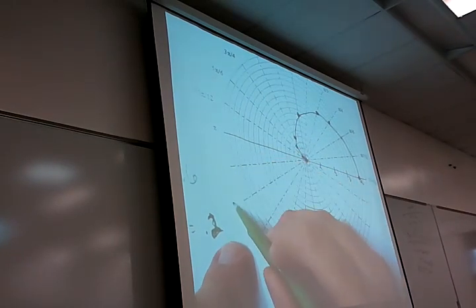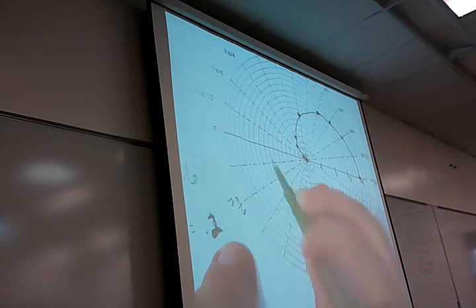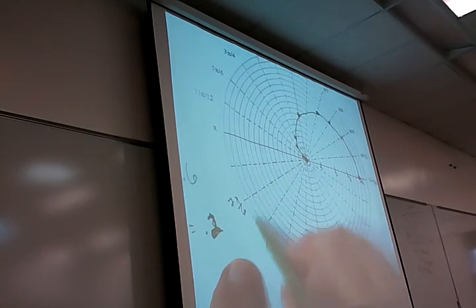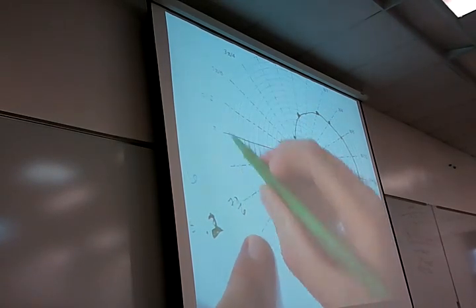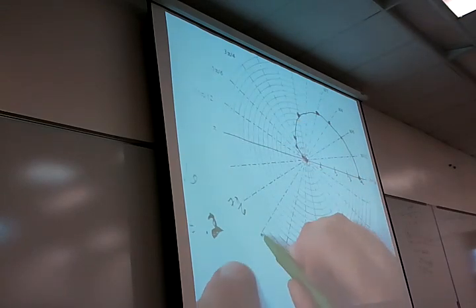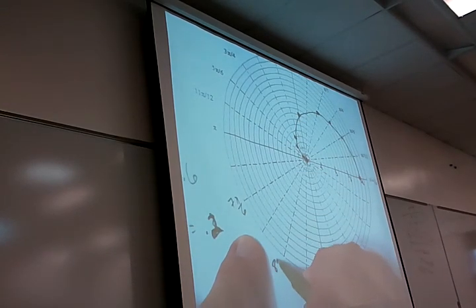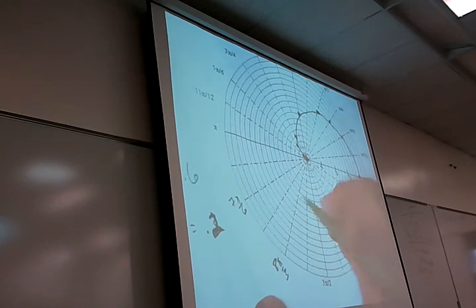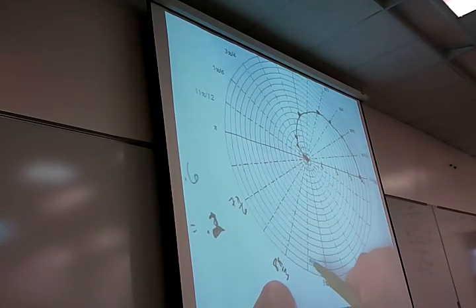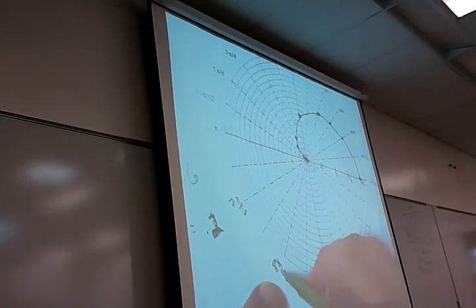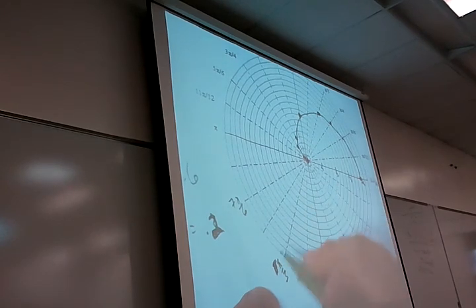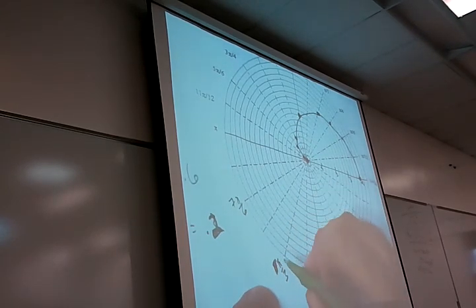So let me put these down here. So this is 7 pi over 6. Oh, you can do it, Jeff. Let's see, 11, 12, 13, 14, 15, 16 would be 8 pi over 3. Is that right? 16 over 12, so that would be 4 pi over 3, thank you.